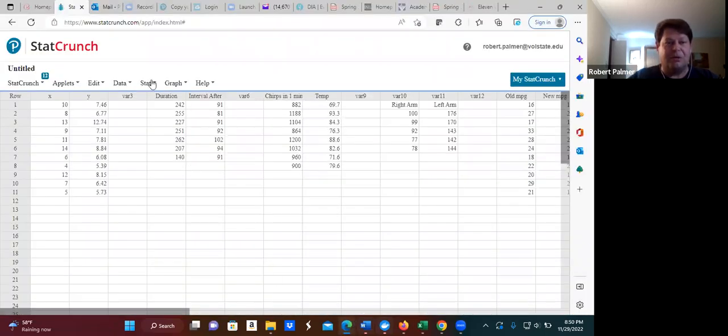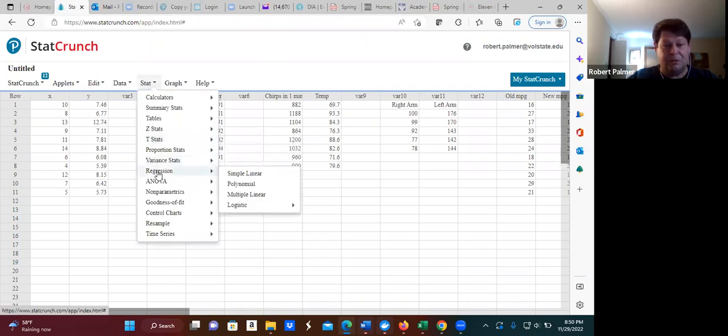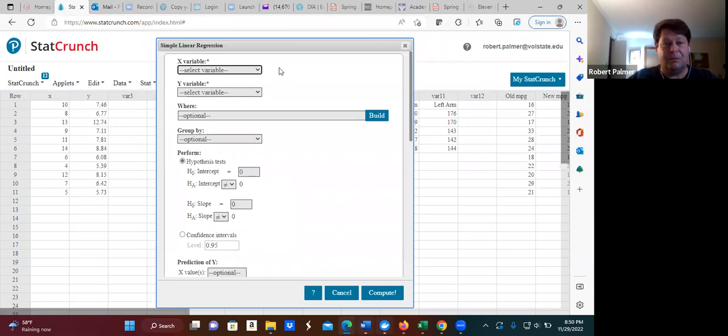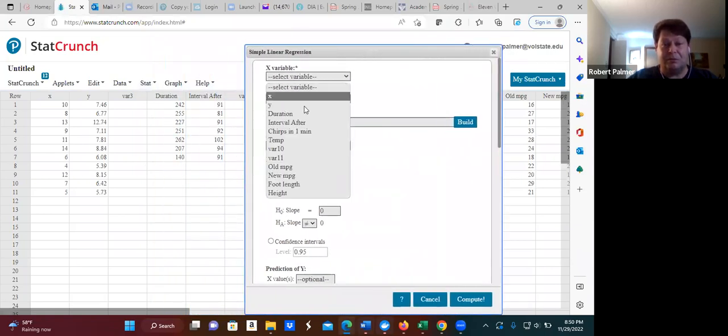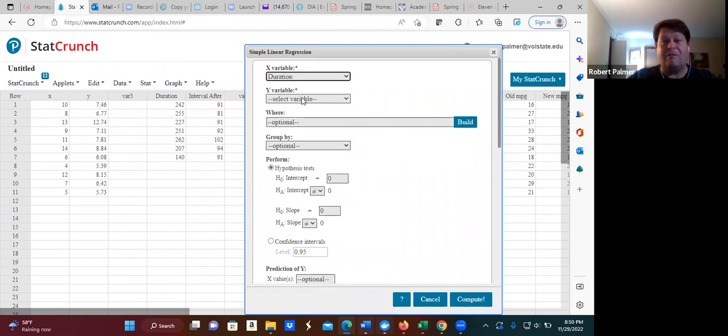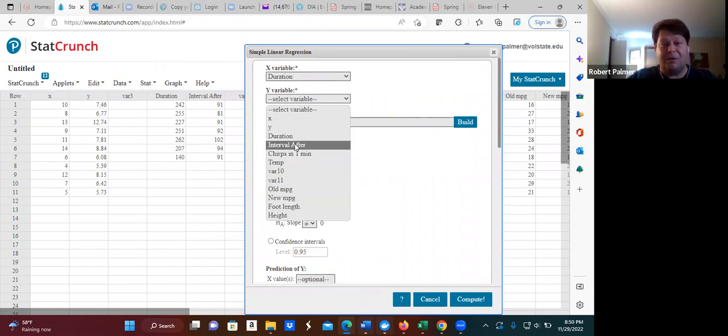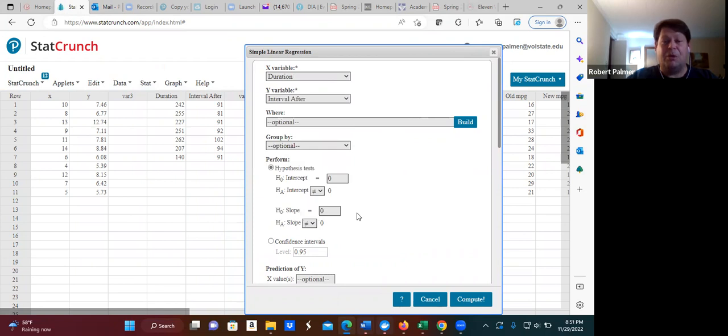So that's this data right here. Once again, go to Stat, Regression, and Simple Linear. For the X value, choose duration, and for the Y value, choose interval after. We're looking for the slope, our hypothesis test, and that's right here. Everything is set up correctly, you just hit compute.